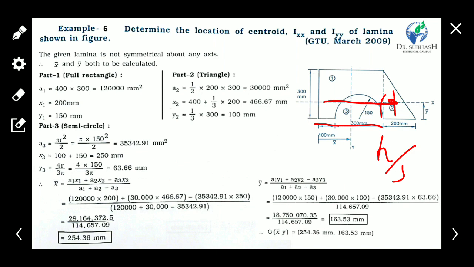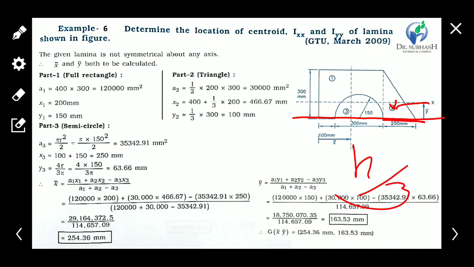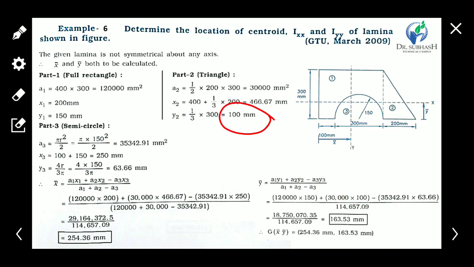Here h is 200, so 200 by 3 plus 400, so x2 is 466.67 mm. Now for the vertical distance from the reference axis to the CG of the triangle, it is h by 3, and here h is 300, so 300 by 3, so y2 is 100 mm for the triangle.